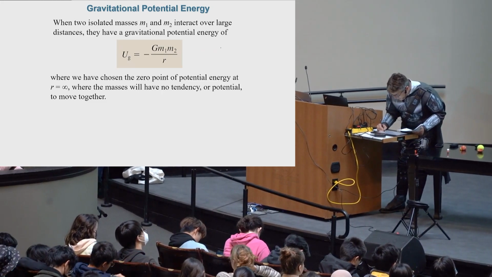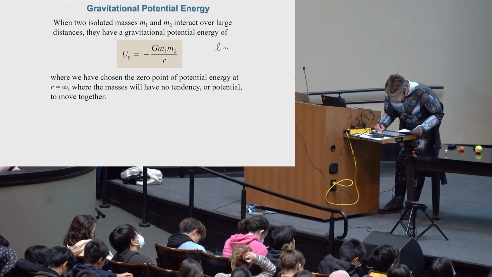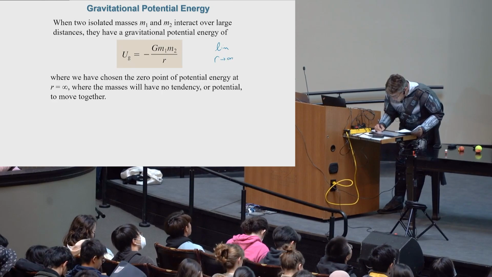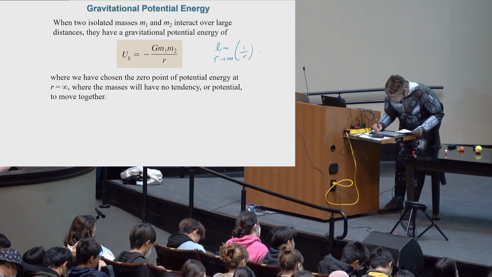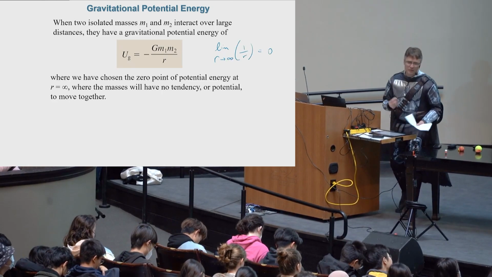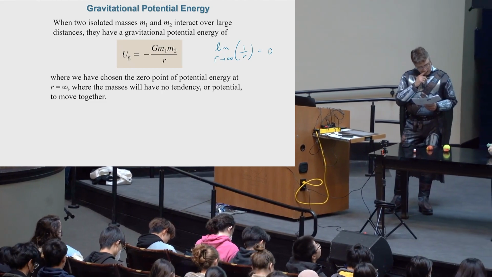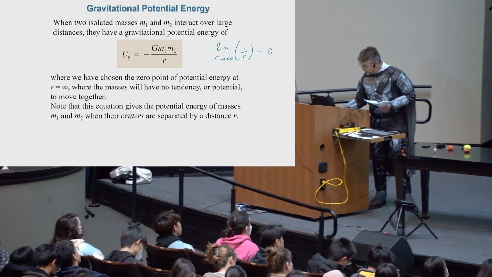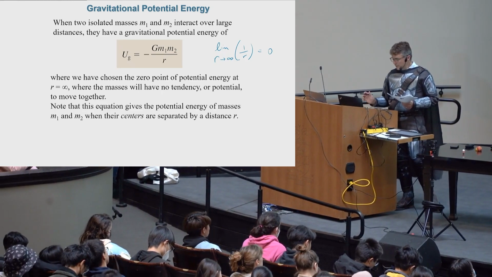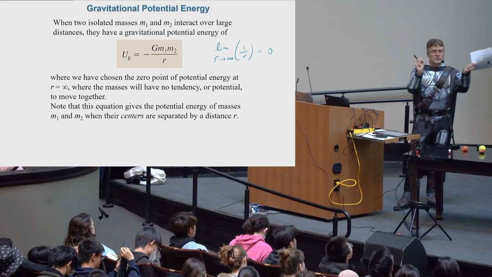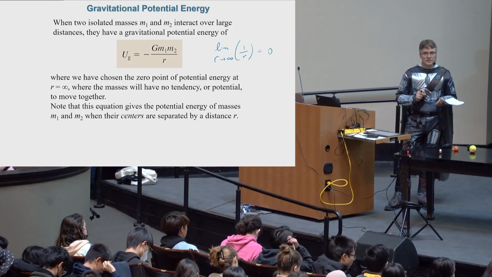What I mean by that is, you know that the limit as r approaches infinity of 1 over r equals 0. So that would be the zero point. And you would note that this equation gives the potential energy of two masses when their centers are separated by a distance r.